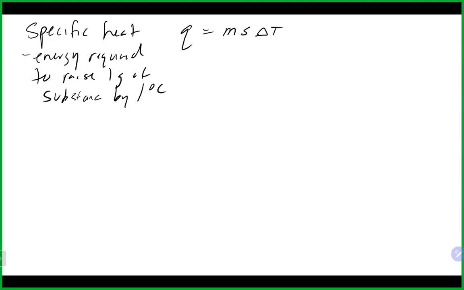So in this formula here, Q is our heat, our energy, and that has units of joules or calories. Remember, joules and calories are the 2 common units of energy. Probably joules used the most, and kilojoules as well.